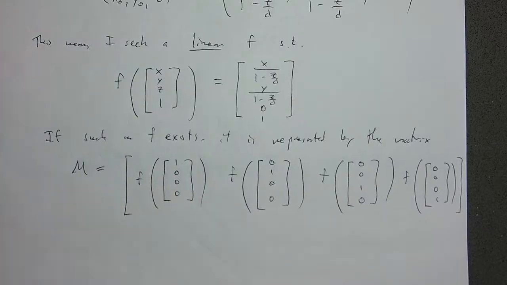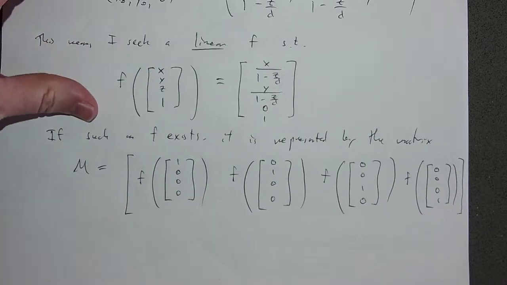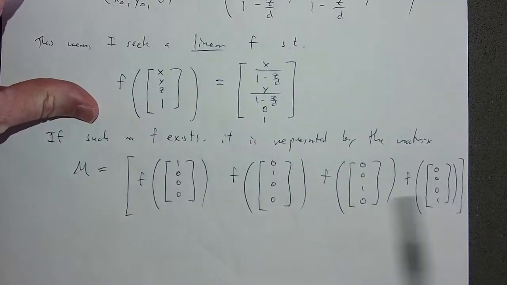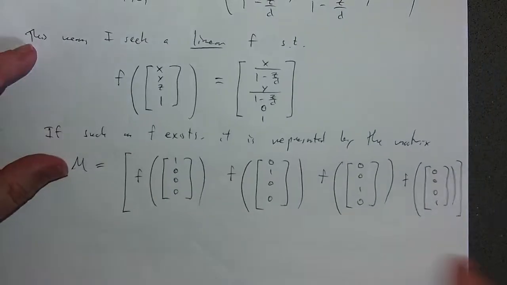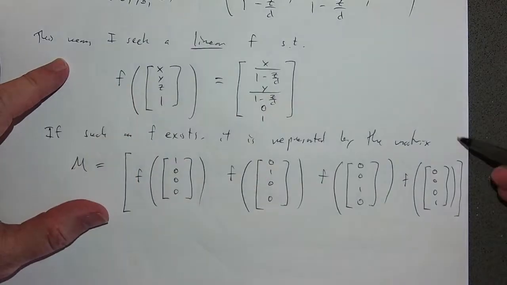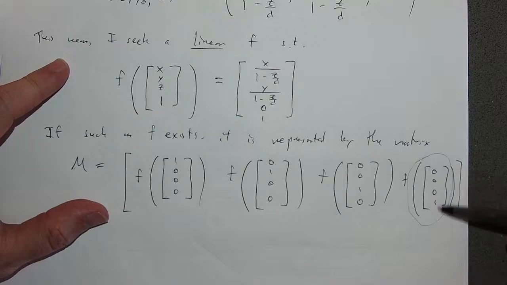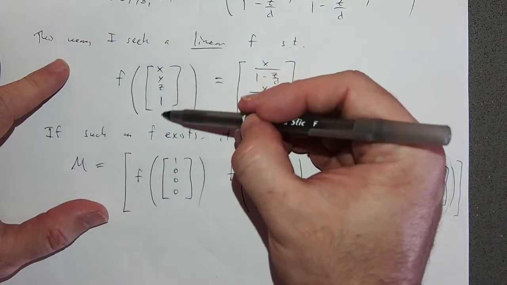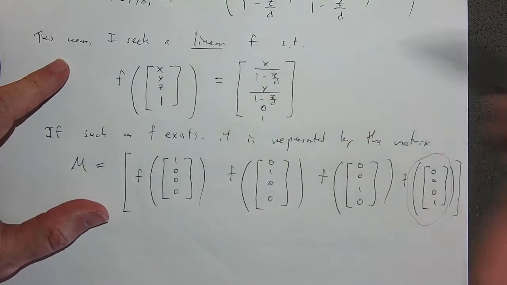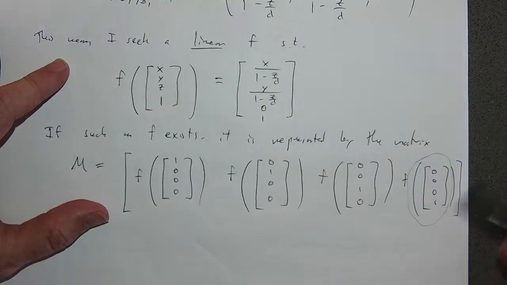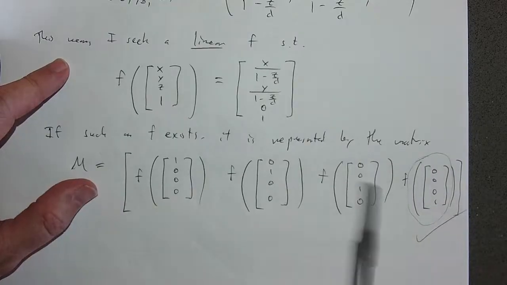It's the same trick that I always did. Okay, so going piece by piece here, right? Again, I know where f sends this. It sends it to 0, 0, 0, 1 because you just plug in 0, 0, 0, 1 here and you get 0, 0, 0, 1. Okay, so I know that one already. So I really only need to check the first three.